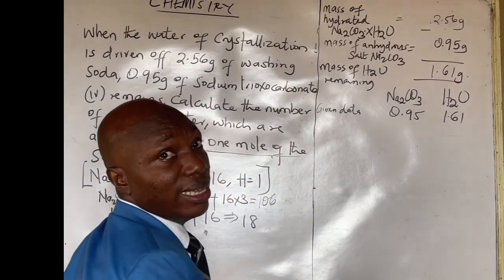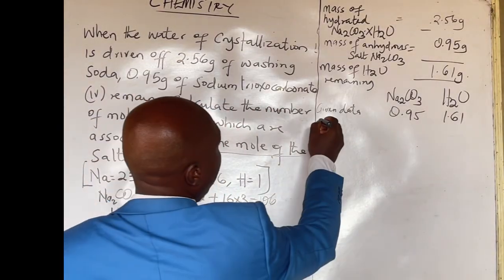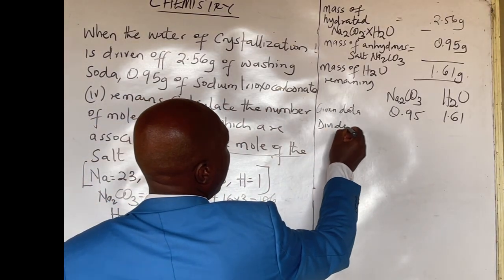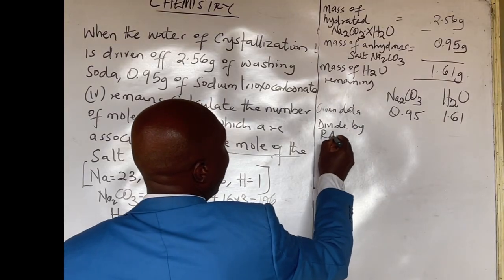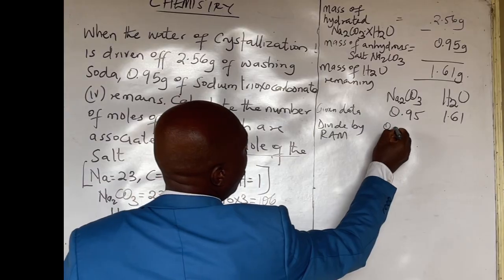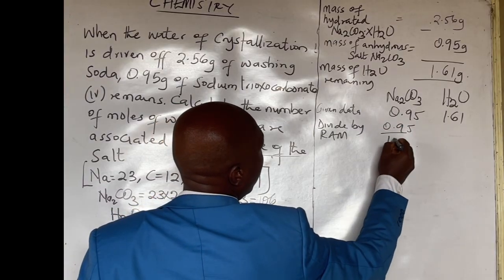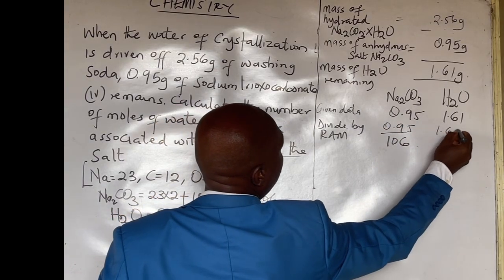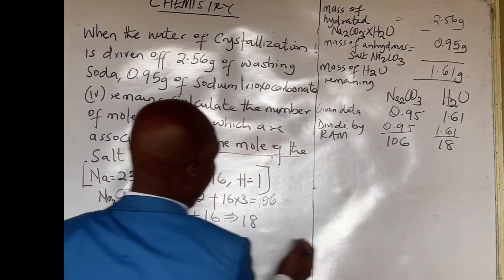We divide by the RAM. The RAM for sodium carbonate is 106, that's 0.95 over 106, and 1.61 over 18, as that of water is 18.